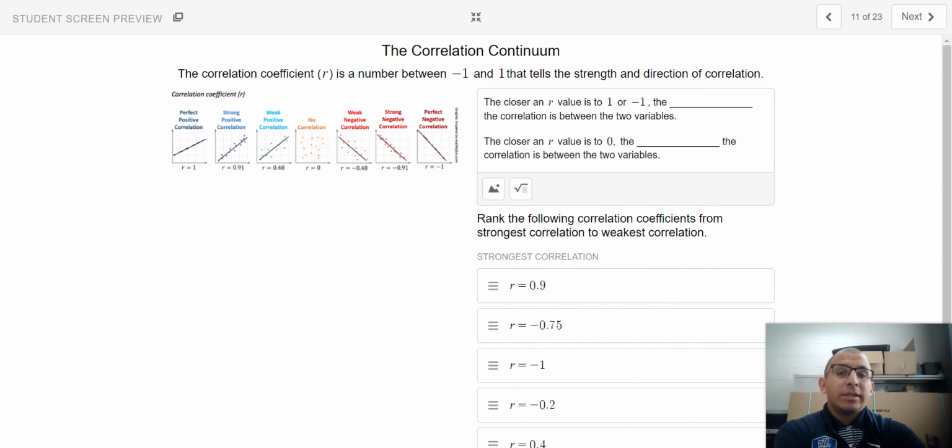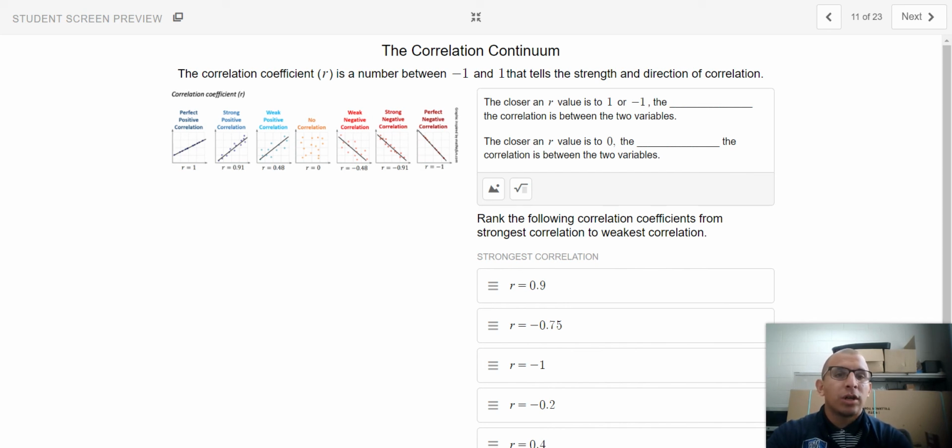Now, it's important to not only be able to identify whether or not we have a positive or a negative correlation in addition to the strength, but there is a numerical value associated with correlation known as the correlation coefficient, which is represented by the letter R. It is a number between -1 and 1 that conveys the strength and direction of the correlation.